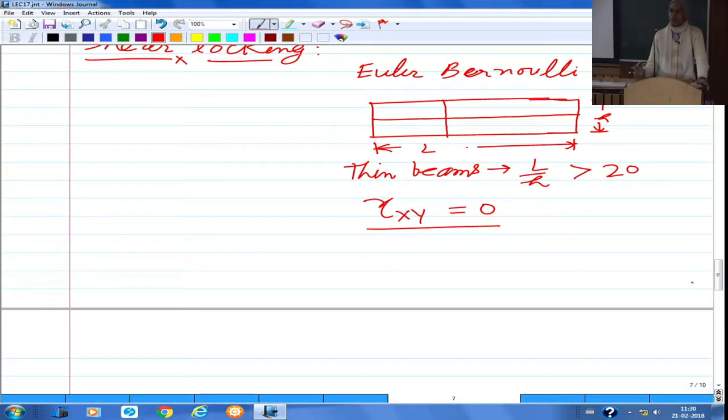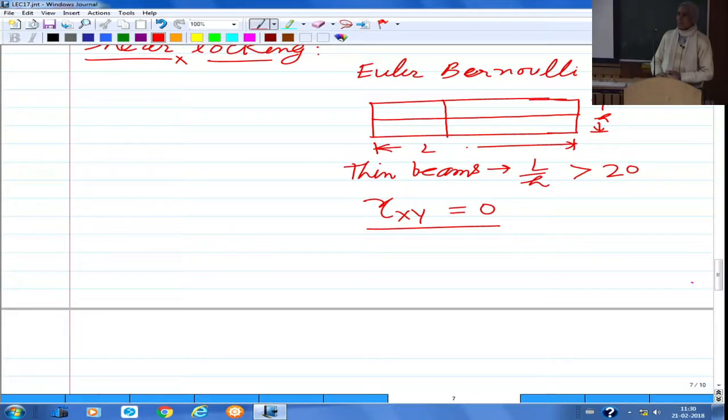Euler-Bernoulli beam theory is applicable for thin beams. If you use it for solving thick beam problems, where the cross-sectional dimension is comparable, let's say the length is just 5 times the height of the beam, and you model it using the Euler-Bernoulli beam finite element, wherein you have taken gamma xy to be 0, that is assuming that the normal remains normal to the deformed centroidal axis, what would happen?